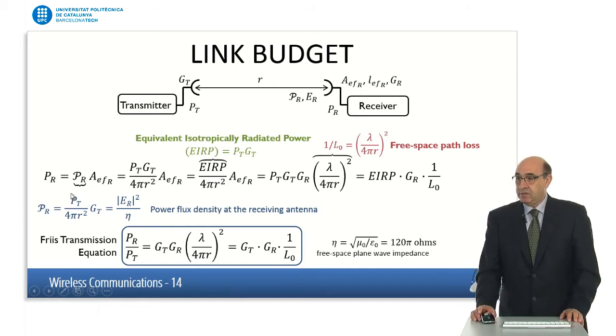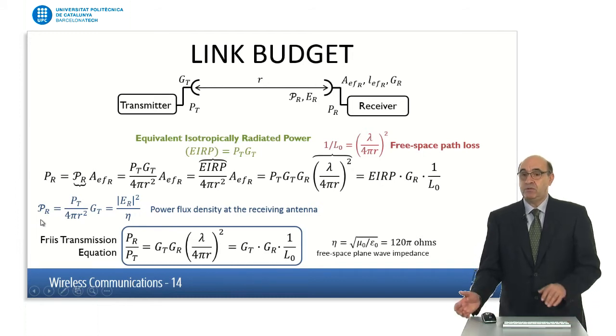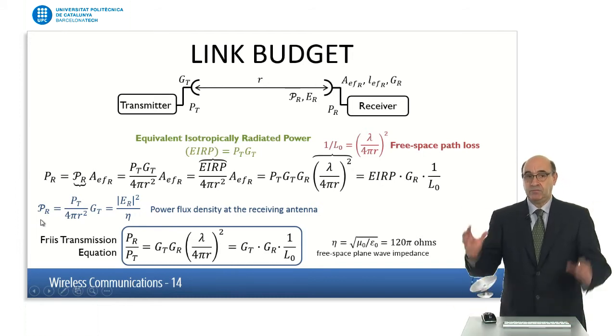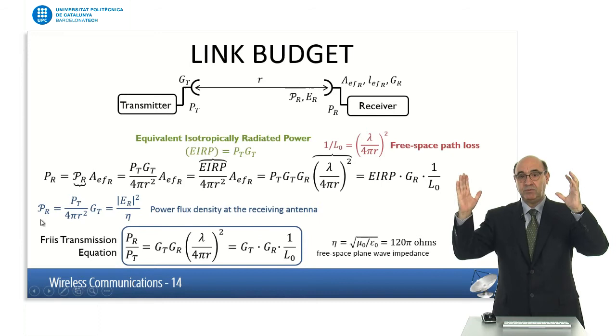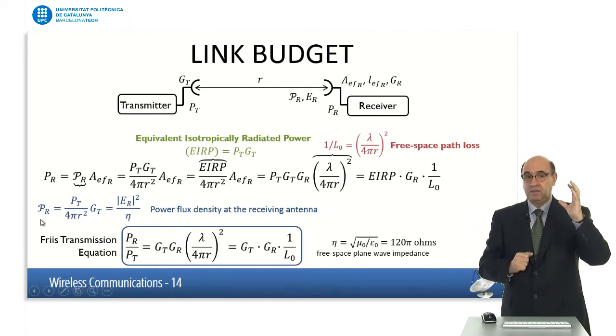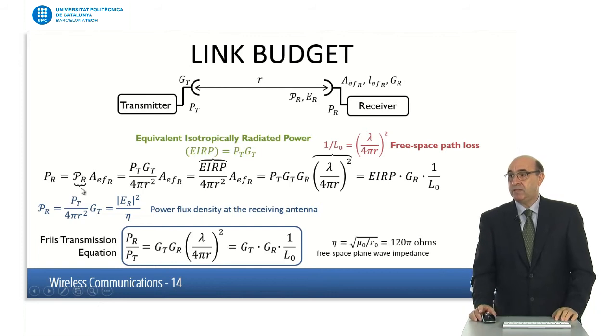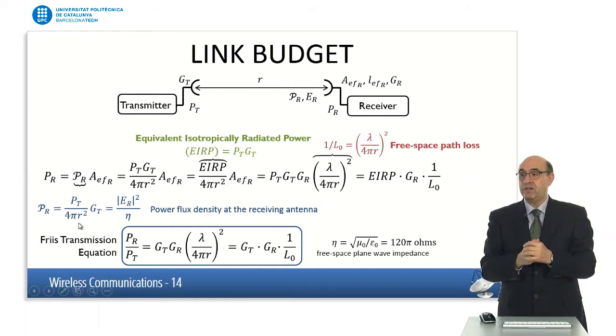So now let's go to this line below and write the power flux density. And this is related to the transmitting antenna. We have the other antenna here. So now we want to see how much power density this antenna is producing on the receiving antenna. And the first thing we have to do is to take the radiated power, which is PT, and we divide it by the spherical surface at that distance, 4 pi r squared.